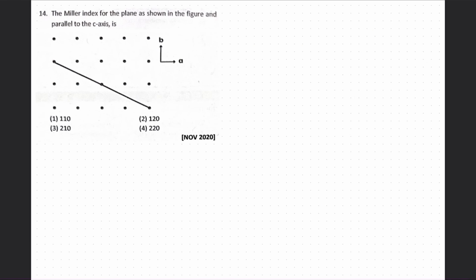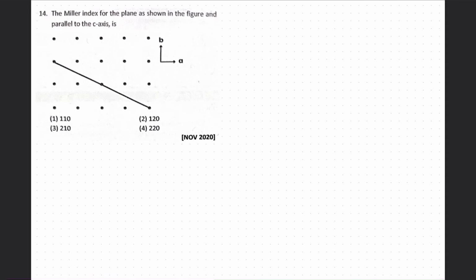Now this is about Miller index. They have given the Miller index of the plane as shown in the figure, parallel to the C axis. Now see, this is the x axis they are referring to as A and the y axis they are referring to as B. So you have to tell, for the figure which is drawn, what their Miller index is. Very simple.